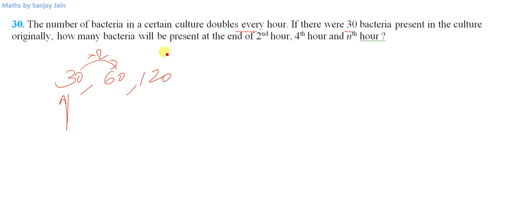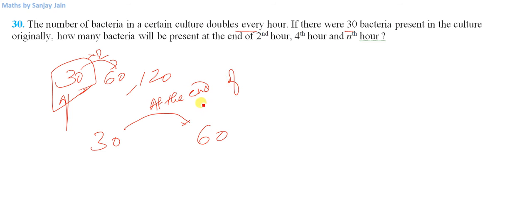So the number of bacteria that we had originally were 30. After 1 hour, so 30, 60. At the end of first hour, you had 60. At the end of second hour, you had 120.